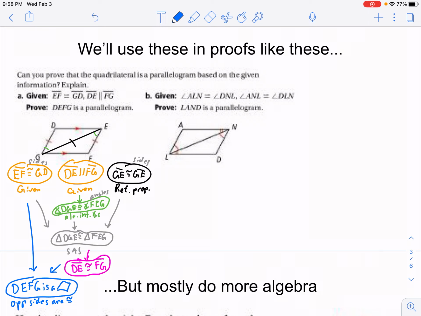So how about part B? That one might be simpler, perhaps? Certainly seems so to me.